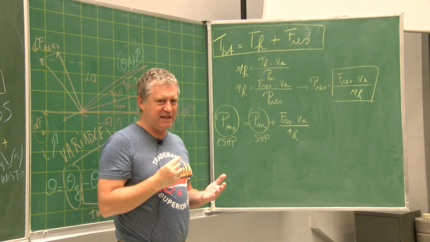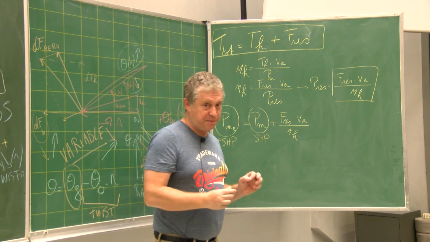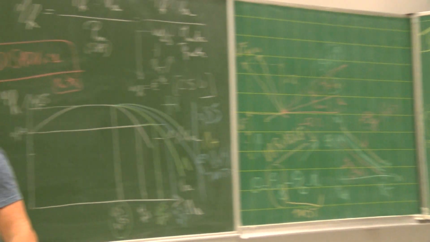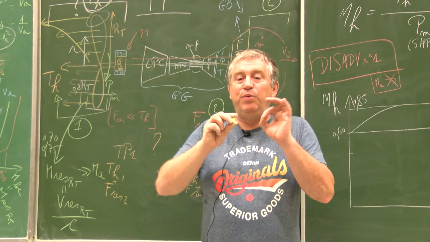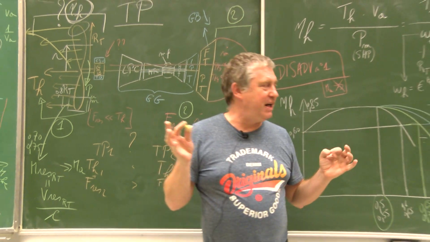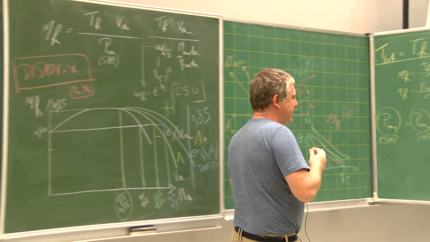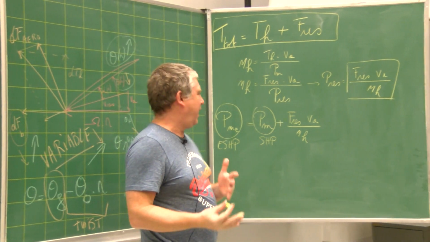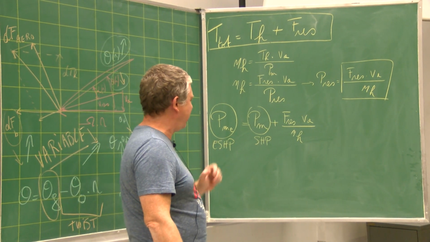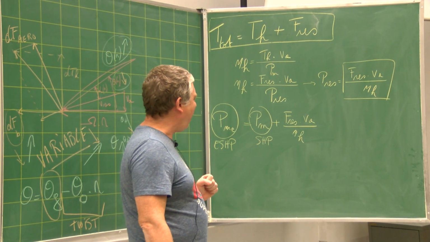The equivalent SHP is the SHP you have really here, plus a term that would potentially come from the F residual, that would be added to this power.